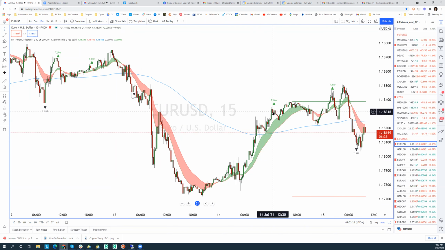So I'm long here. This is 1831, right? What you do is you have to create what I call an intelligent risk parameter. And the intelligent risk parameter in this particular price structure is the lowest low of the prior red wave, which in this case is like 1771.